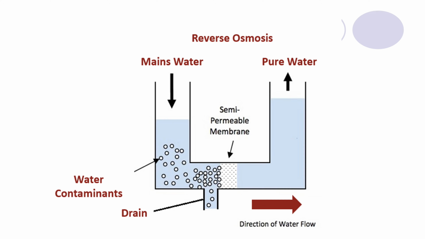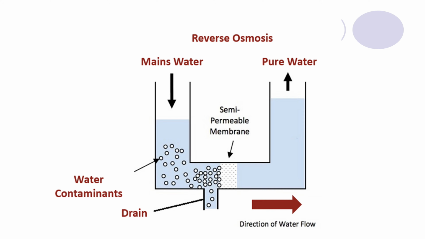That's where the water pressure is forcing the water through that membrane. The bad water, or high mineral content water, goes to the drain. The good water, or low mineral content water, passes through that membrane and comes out where it says pure water in the top right hand side. And that's basically the process of reverse osmosis.